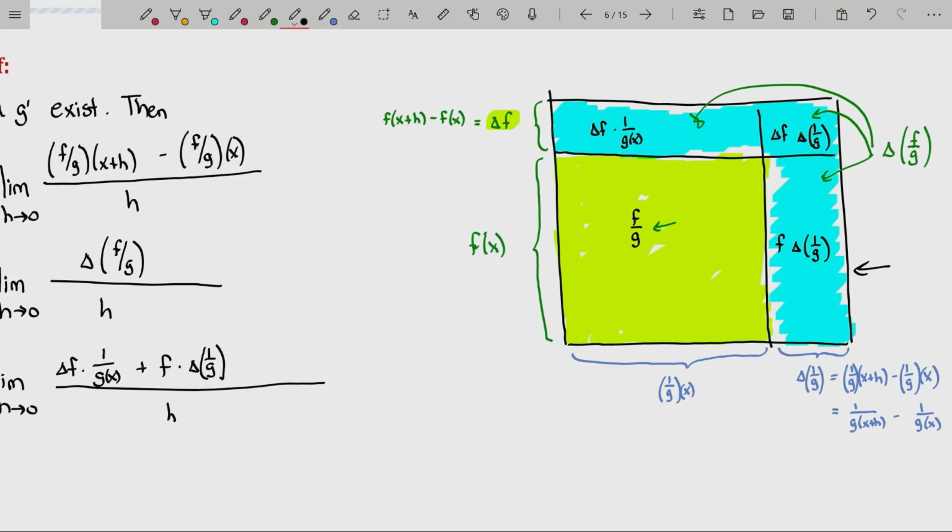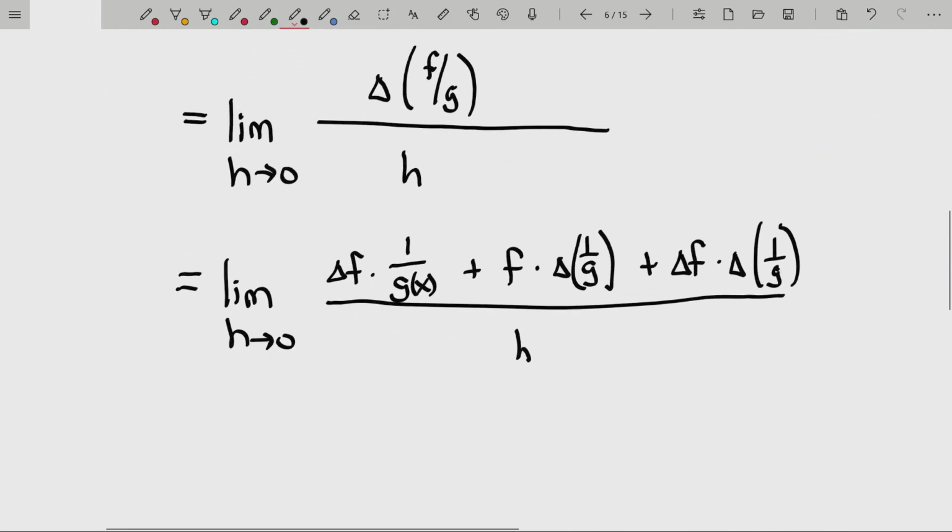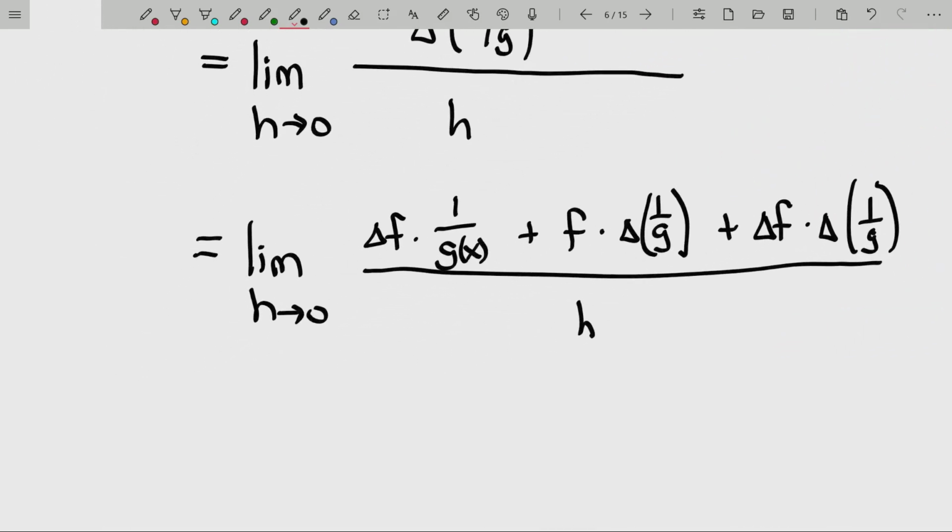We'll clean that up. And finally, the upper right-hand corner, we had a change in f times a change again in 1 over g. Sloppy notation, but it works for the time being. Now let's split this into 3 fractions. This is where the fun begins.